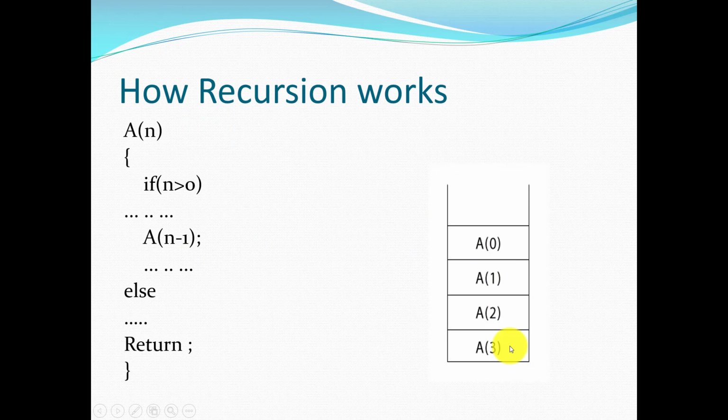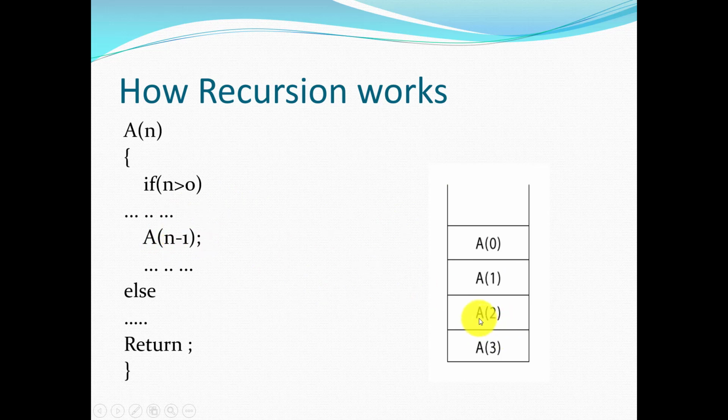The value A of 3 is put into the stack. Now again A of 3 is called because the condition is true, that is 3 is greater than 0. As long as n is greater than 0, the recursive stack keeps filling.